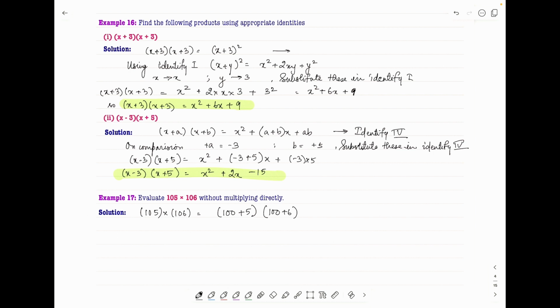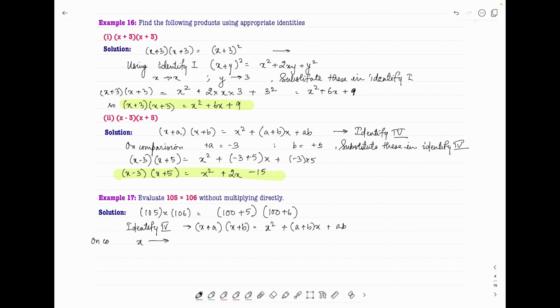We know identity 4: x plus a into x plus b equals x square plus a plus b of x plus ab.